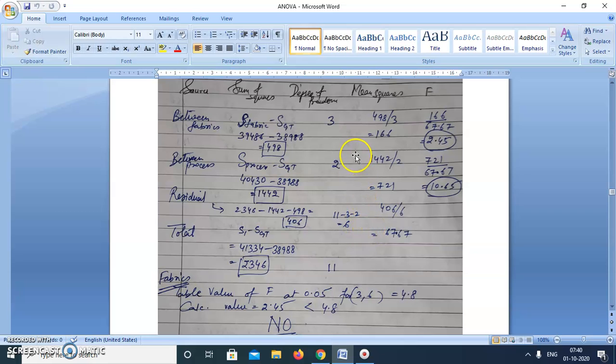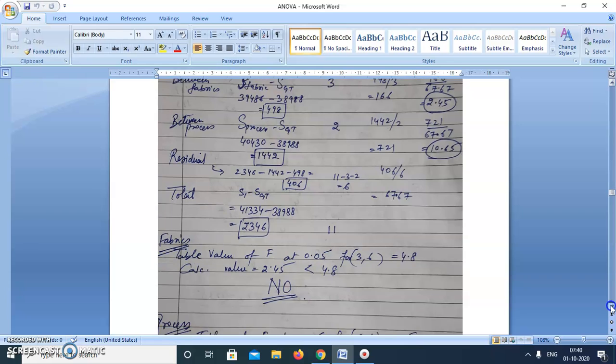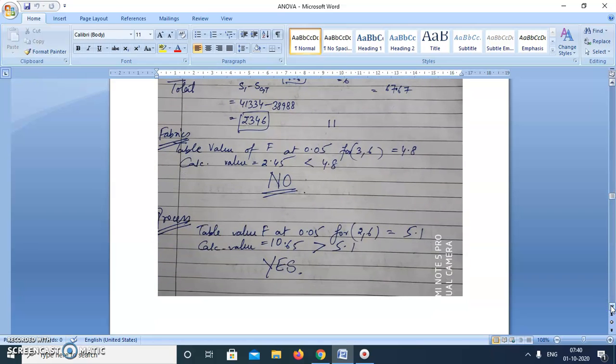When we see the table value for process, then we'll take K1 as 2. This is K1 for process and this is K2 for process. K2 will be same for both, but K1 will be different as the number of fabrics and number of processes are different. Now table value of F is 4.8 and the calculated value is less for fabrics.